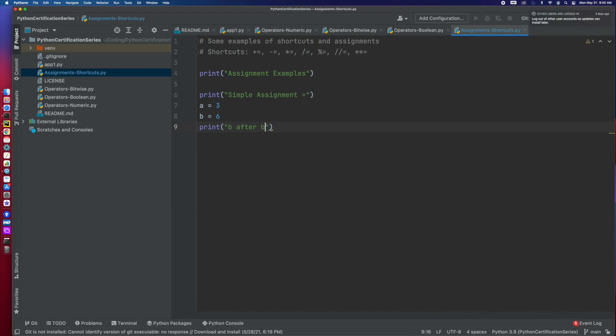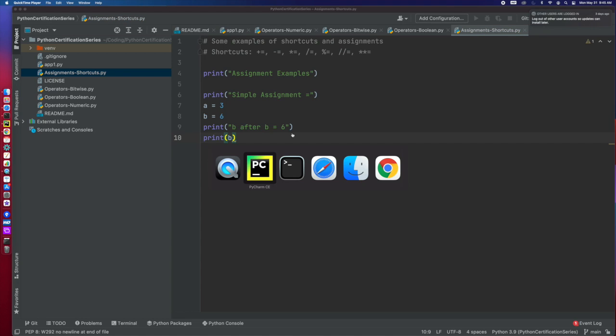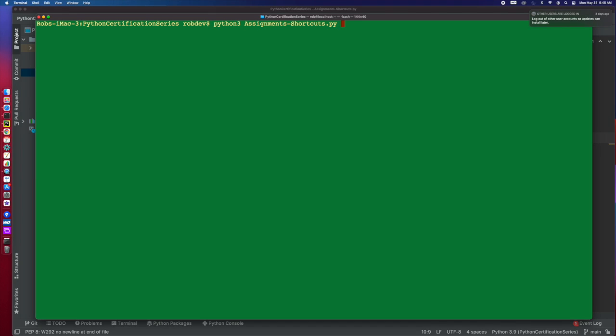After we do b equals 6, we've assigned that value, and you can see pretty easily that we assigned it 6 and it shows it there.